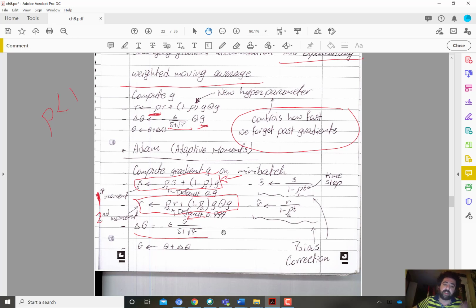And there is a variant of Adam that's called NAdam, right? And basically it stands for Nesterov momentum and Adam, right? So instead of the first moment estimate being governed by the momentum algorithm, it's governed by the Nesterov momentum algorithm, right? So that's a slight variation.